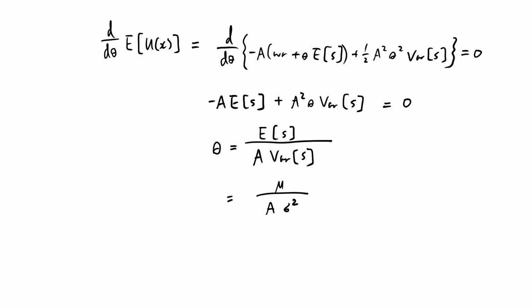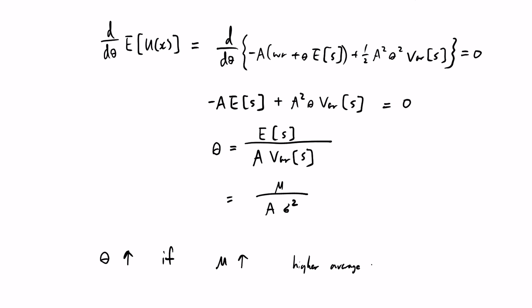Okay, so let's get some conclusions. Let's get some observations of this. Theta goes up if mu goes up, so higher average excess return.